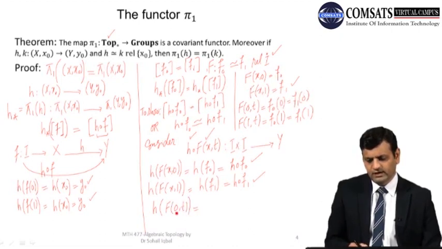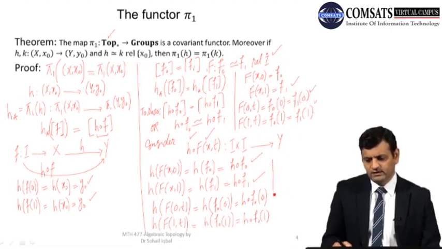So when x is 0, for each and every value of t, this is going to give me f naught of 0, which is equal to f1 of 0. So basically this is equal to H composition f naught of 0. And similarly we can show that when x is 1, then for each and every value of t, this is equal to f naught of 1, which is equal to H composition f naught of 1, and of course which are equal to other values which can be calculated from here.